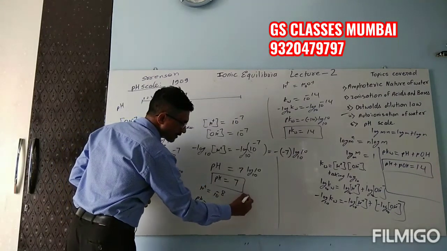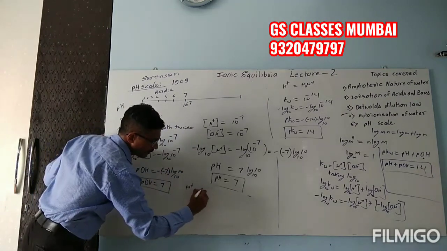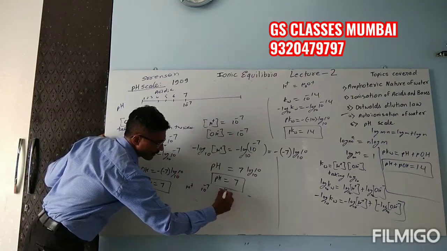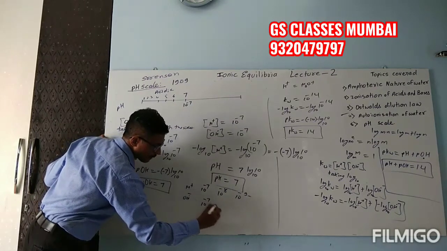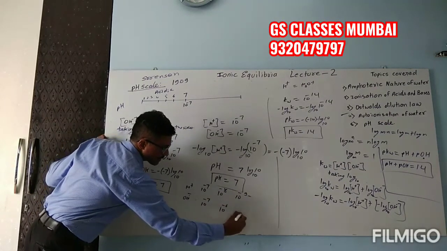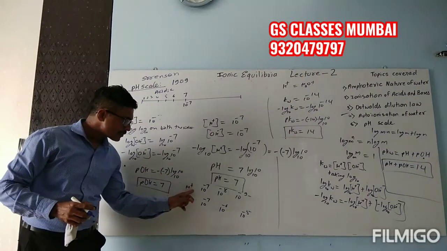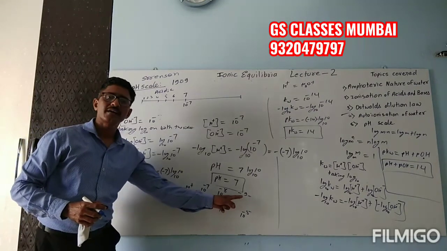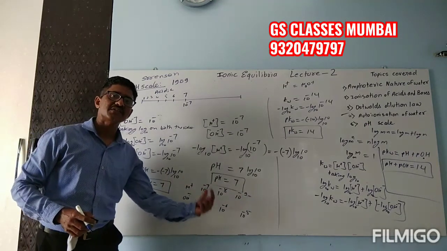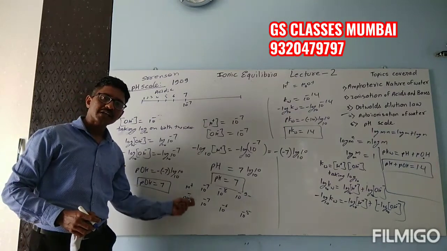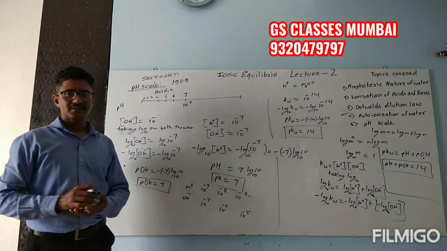Hydrogen ion 10 to the power minus 7, 10 to the power minus 8, 10 to the power minus 9. Hydroxide ion concentration will become 10 to the power minus 7 and 10 to the power minus 6, 10 to the power minus 5. Remember, when we say that hydrogen ion concentration is decreasing, indirectly you are telling that hydroxide ion concentration is increasing. And if the hydroxide ion concentration is increasing, solution will become basic.